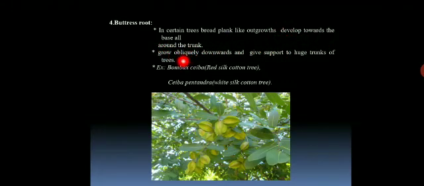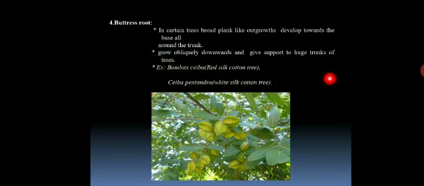The growth of the buttress root is oblique and downward, and it gives support to the huge trunk of the tree. For example Bombax, ilavam panju in Tamil. That ilavam panju tree is a good example for the buttress root.